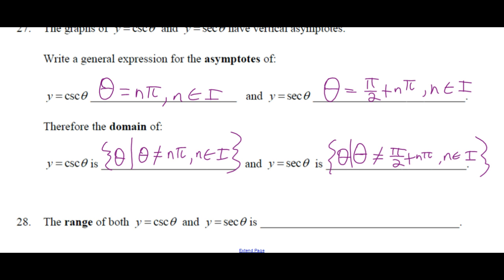What's the range? What can you say about y? What's the first thing you say?